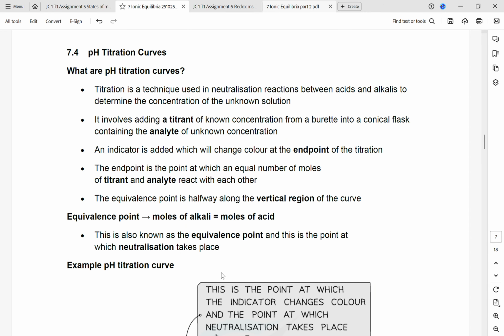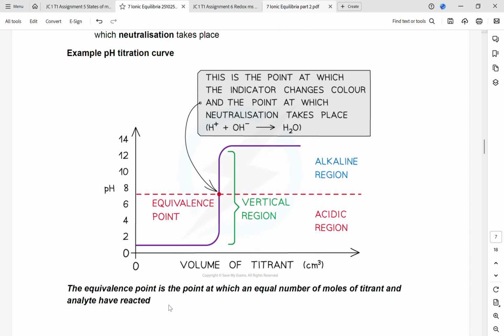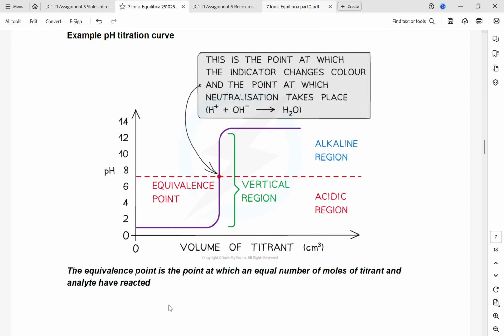Now, when we do titration, maybe you have seen this before. We sometimes need to plot pH over volume of titrant, a graph, right? From the graph, you can actually predict.